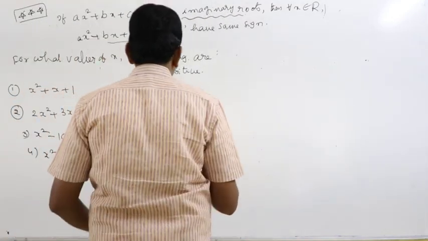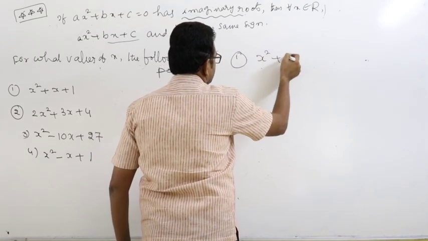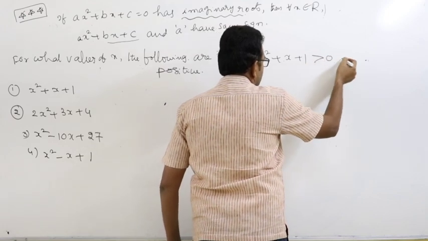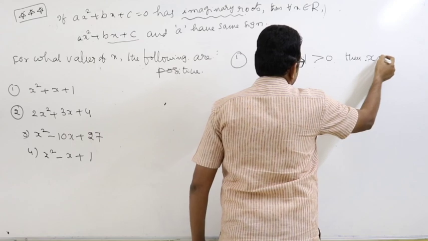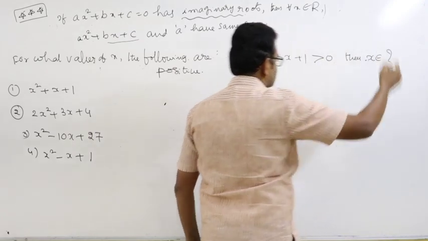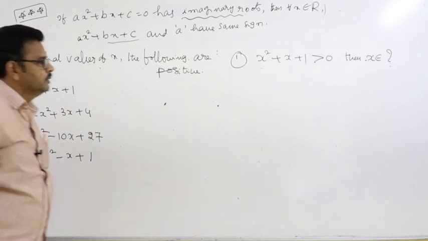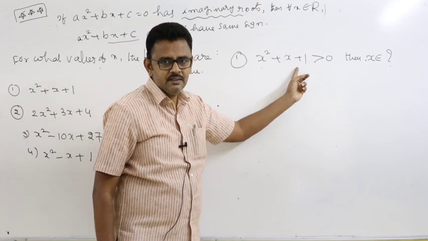Just I am taking the first one. x square plus x plus 1 is greater than 0, then x belongs to, this is the question: for what values is it positive? For this expression, we don't have factors.